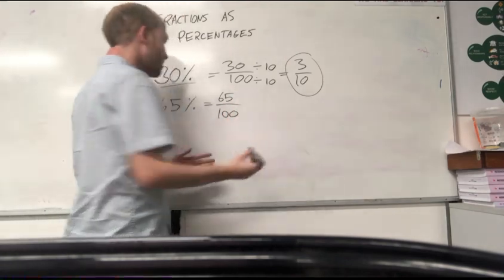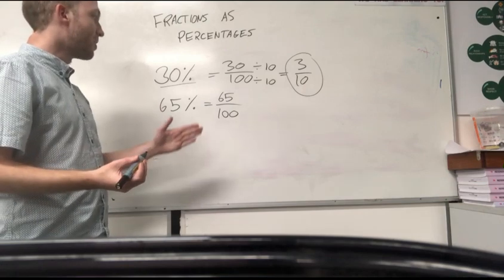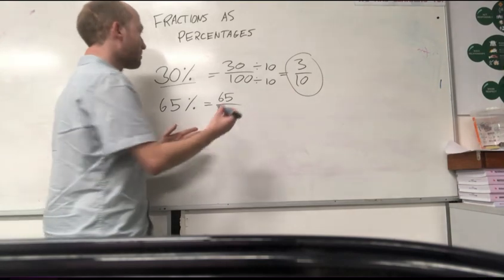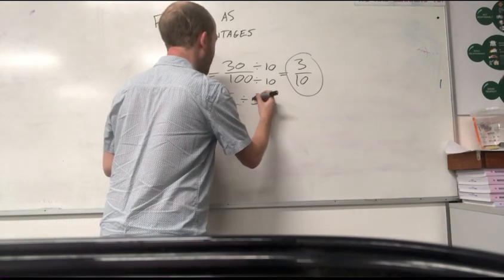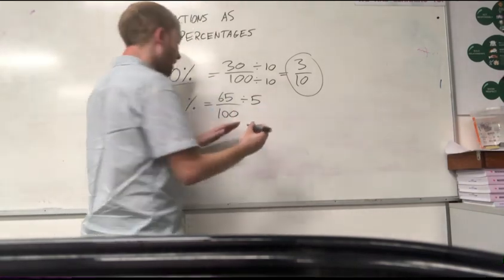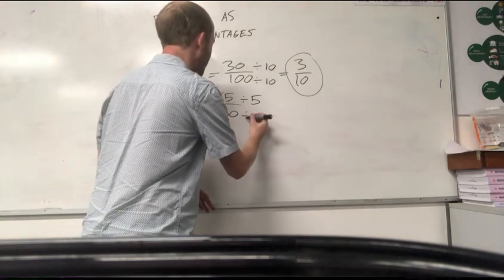Already on the board, can I see any numbers that both of these can be divided by? Well, I know it's got a 5 on the end, so I know it can be divided by 5. I'm going to try that out here. 65 divided by 5 is a bit of a tricky one. And 100, I know that's also divisible by 5.